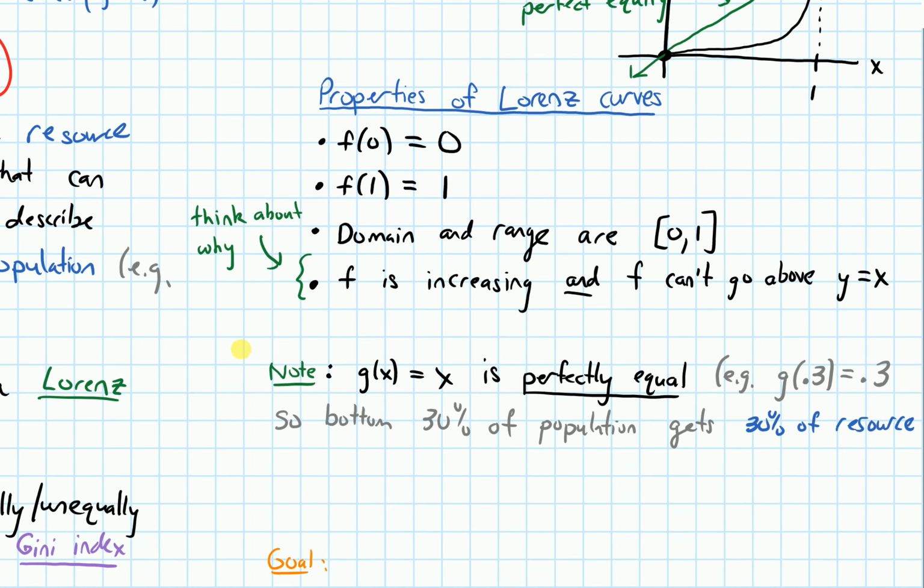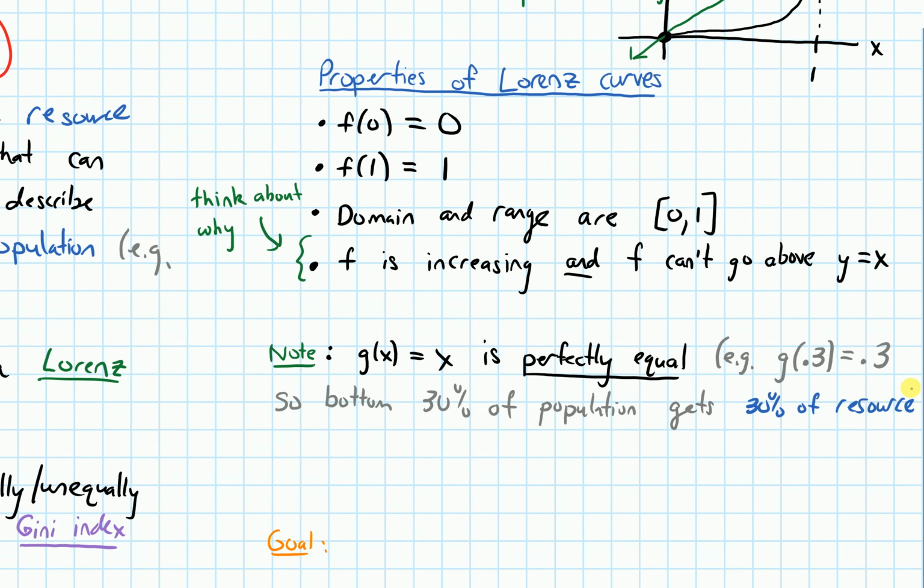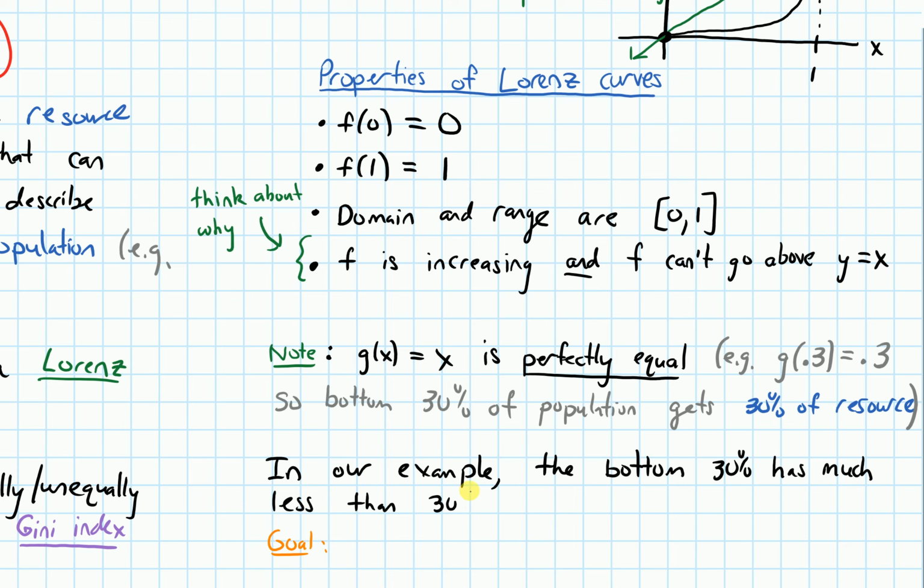So in our example, just by looking at the graph, the bottom 30% has much less than 30% of the total income.